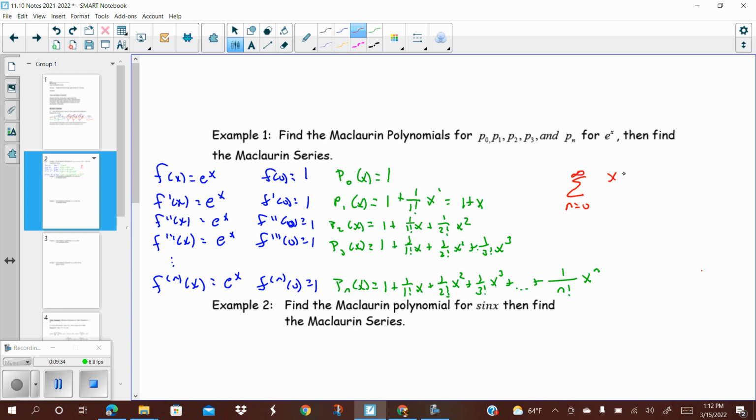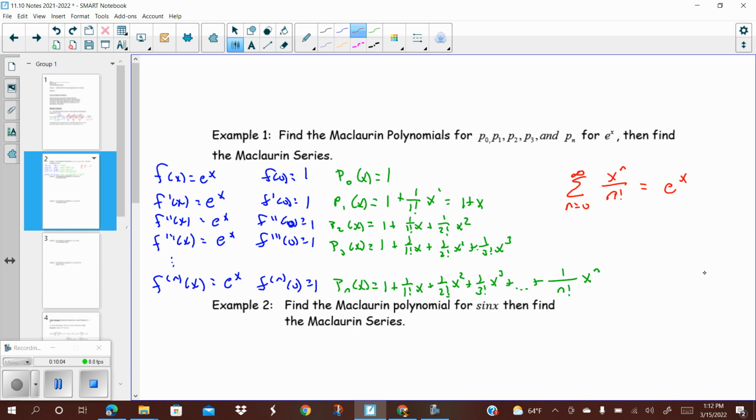So it's going to be x to the n power over n factorial. And that is a power series representation for e to the x. Basically what this is doing is taking a non-polynomial and creating a polynomial which will hopefully closely approximate that non-polynomial function.